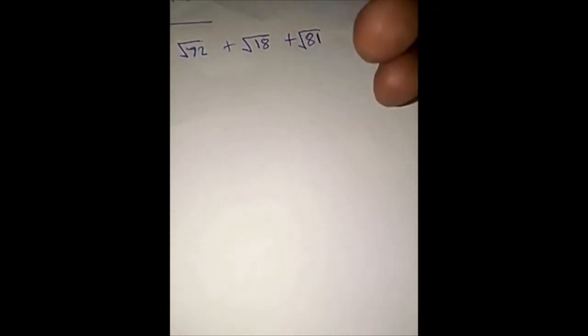Now for the 72, how can I convert that into a simple one? I find two factors of this, in which one of them is a perfect square and one of them is not a perfect square. So for 72, I'll get 36 times 2.